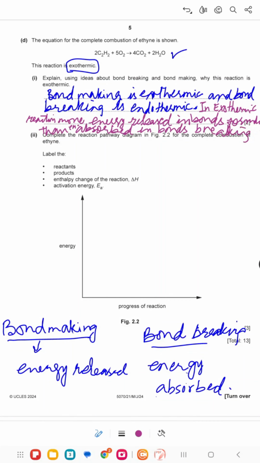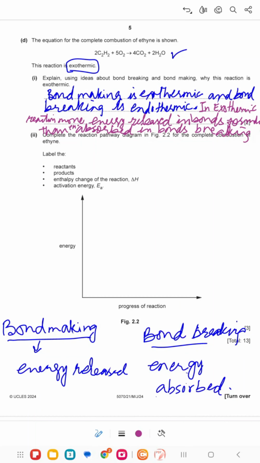So always remember that bond making is an exothermic process and bond breaking is an endothermic process. If more energy is released to the surroundings, then we say that the reaction is an exothermic reaction.